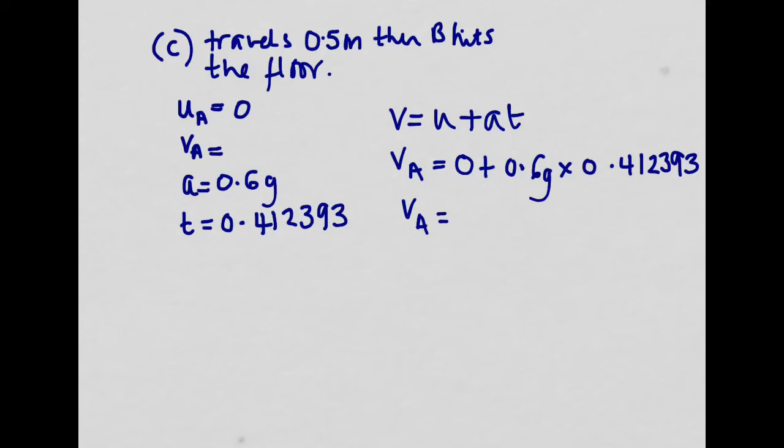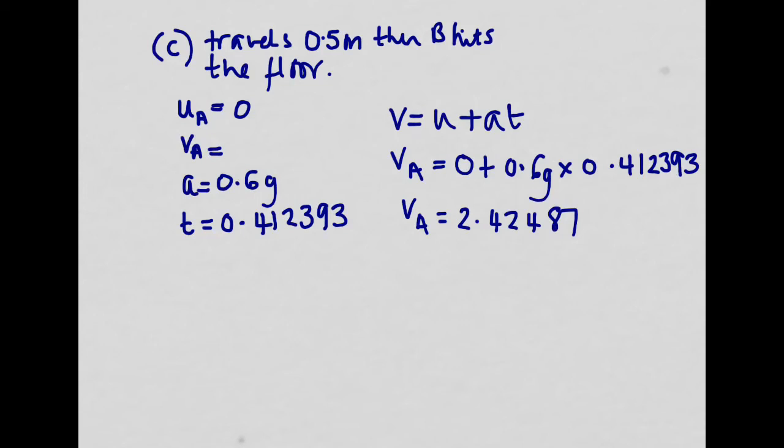So the value I ended up with, having typed it into my calculator, is 2.42487. And I'm going to leave it like that because I'm partway through a question. I'm only going to write 3 significant figures when I get to the end of the question. This isn't the end of the question. So that is the velocity of A once B has hit the floor.